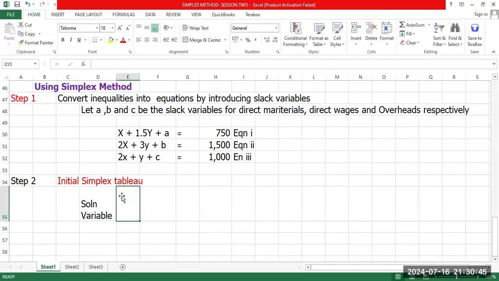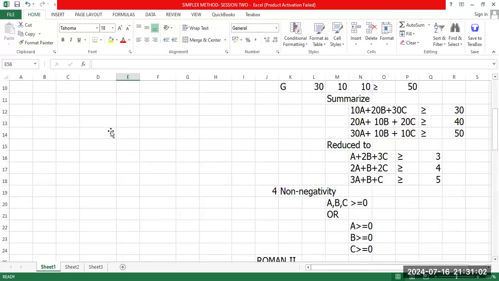Then the second column will be representing product variables, and those are your decision variables. How many decision variables do we have in this question?